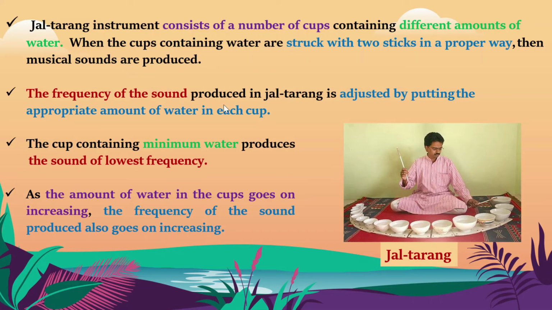The frequency of the sound produced in Jaldarang is adjusted by putting the appropriate amount of water in each cup. The cup containing minimum water will produce a sound of low frequency, and as the amount of water in the cups goes on increasing, the frequency of the sound produced also goes on increasing.